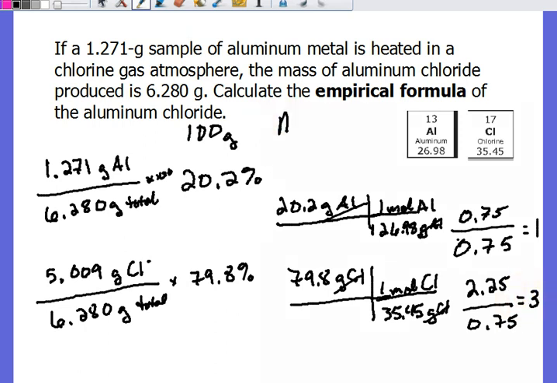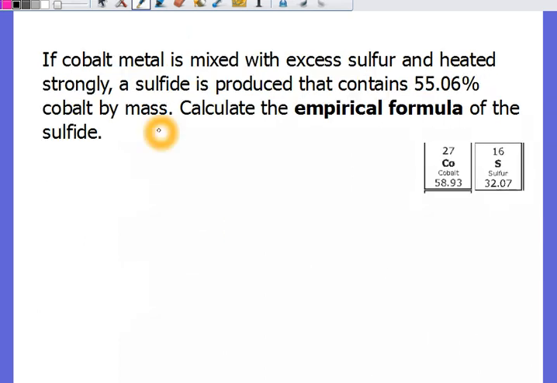So your formula would be Al, there's only one of them, and Cl3. So that's your empirical formula for aluminum chloride. On some of your problems you may have cobalt metal mixed with excess sulfur and heated, and the sulfide is produced, and it contains 55.06% cobalt by mass.